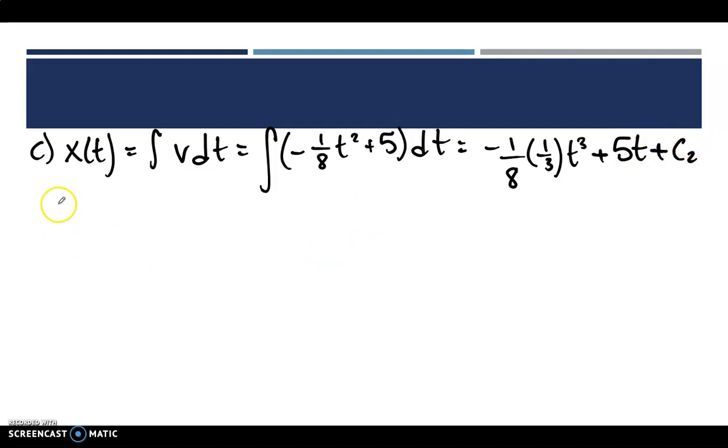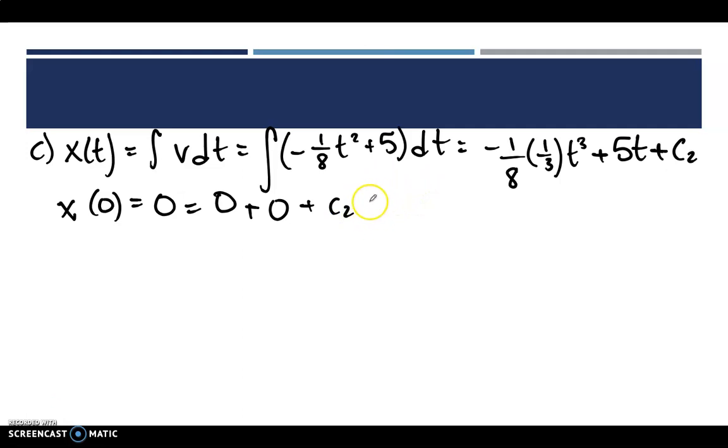Okay, and again we will say that x of 0 is 0, since we can just claim the starting position of the boat is at 0 meters. Okay, so then if we plug this into that equation, t equals 0, we get 0 plus 0 plus c2.